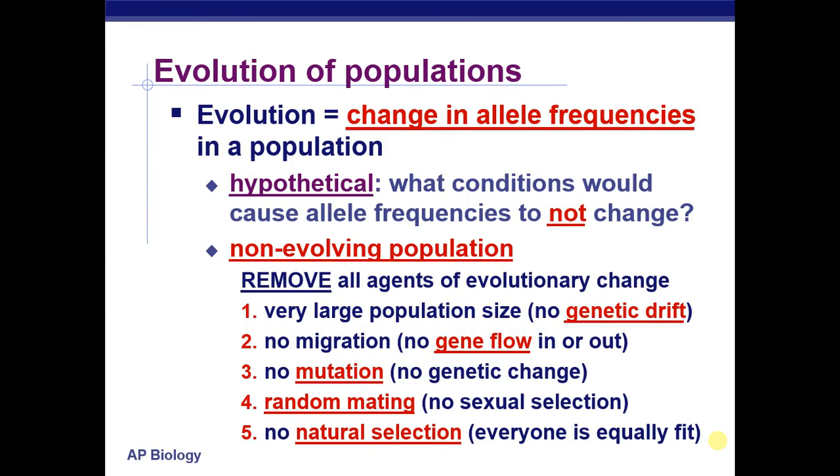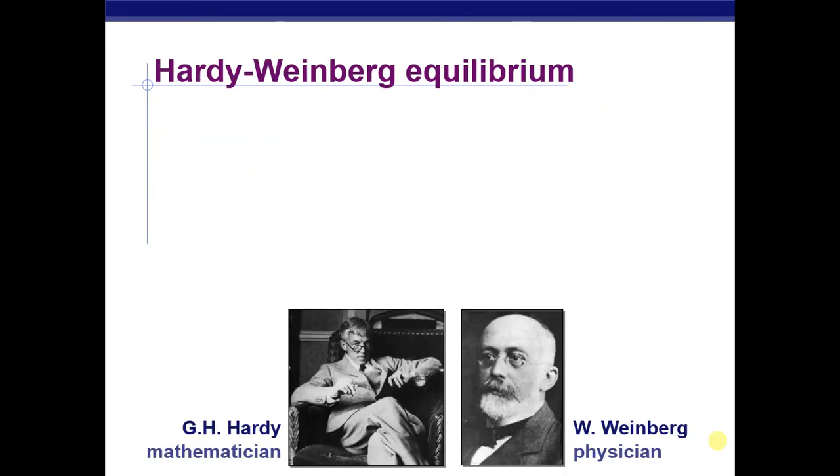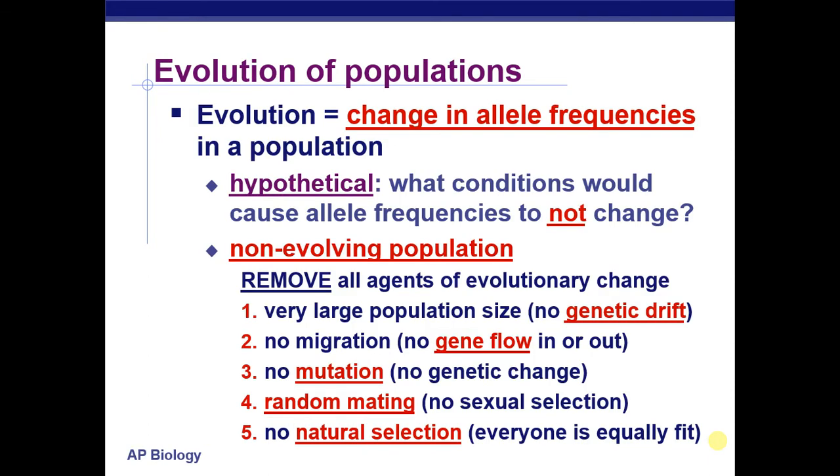To measure the evolution of a population in a quantitative way, we're going to compare the allele frequencies in an actual population over time to what the allele frequencies would be in a non-evolving population. The greater the difference, the more quickly the evolution is taking place.